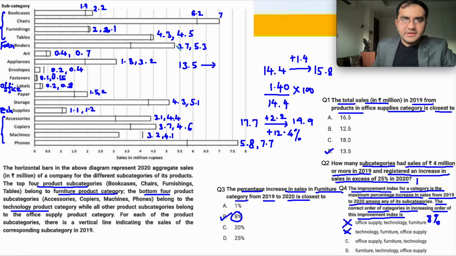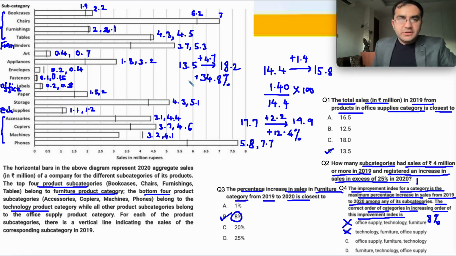And 2020 में binders 5.3, 6, 9.2, 9.4, 9.55, 9.85, 11.85, 16.95 or almost 17 and 18.2 is an increase of how much? 4.7. So 4.7 upon 13.5 into 100 gives me a 34.8%.